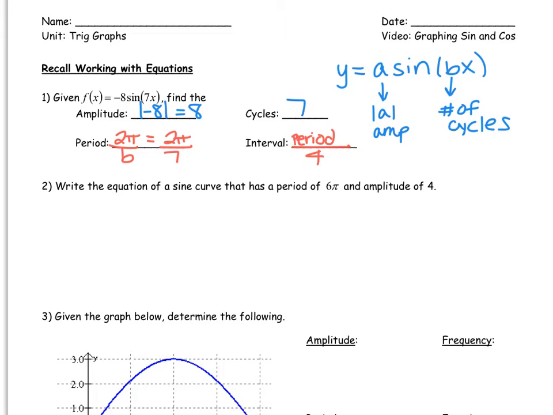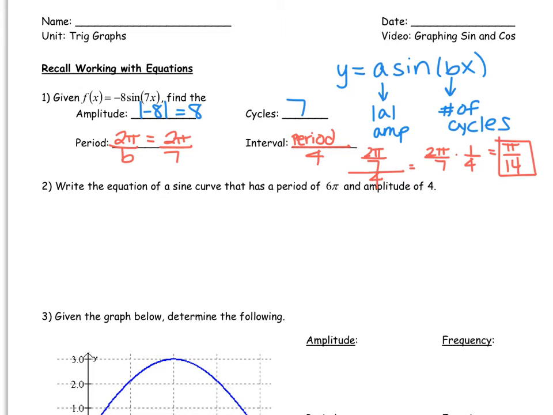So the period is 2 pi over 7, so 2 pi over 7 all over 4. And remember, to simplify this, we can keep, change, and flip. And if you simplify, this comes out 2 pi over 14. That would be my interval.